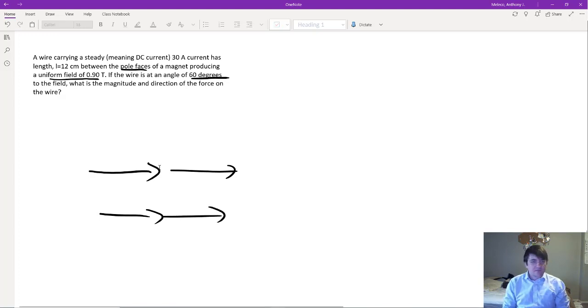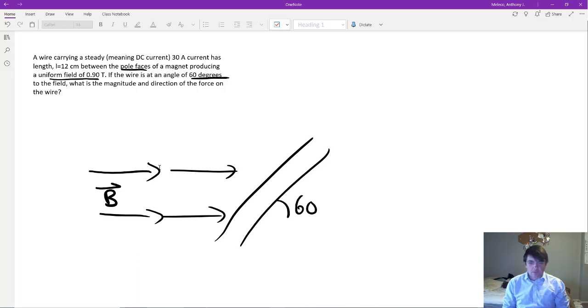It doesn't necessarily matter. And so we've got this. But what you've also got is a wire. And it says the wire is 60 degrees to the field. And when you're drawing it, this is the only part that matters, is that you draw this wire 60 degrees to it, okay?